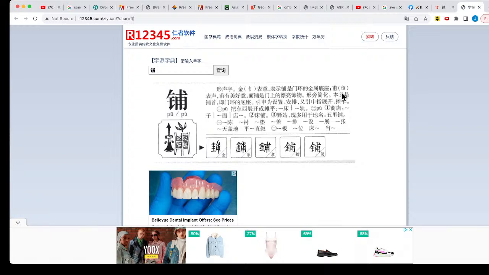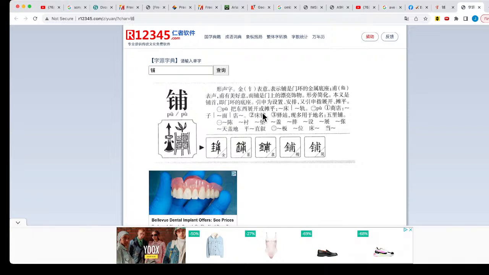It serves a few purposes: one is knocking on the door, the other is holding it to pull the closed door open. The metal base is called a 铺. That's why it has the metal part on the left-hand side.